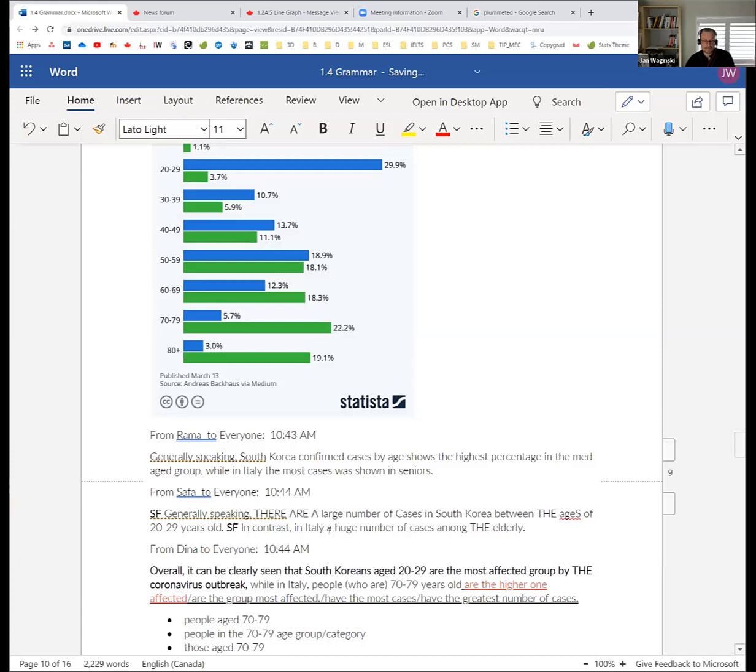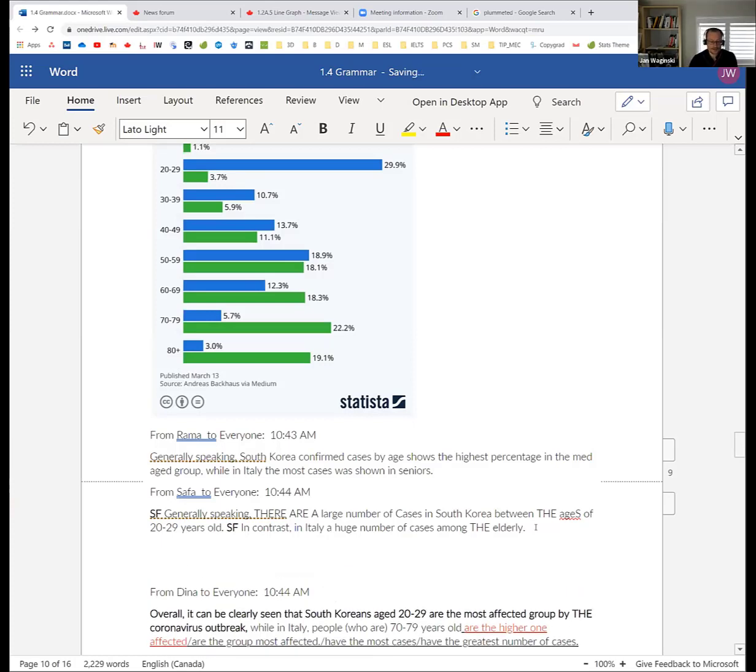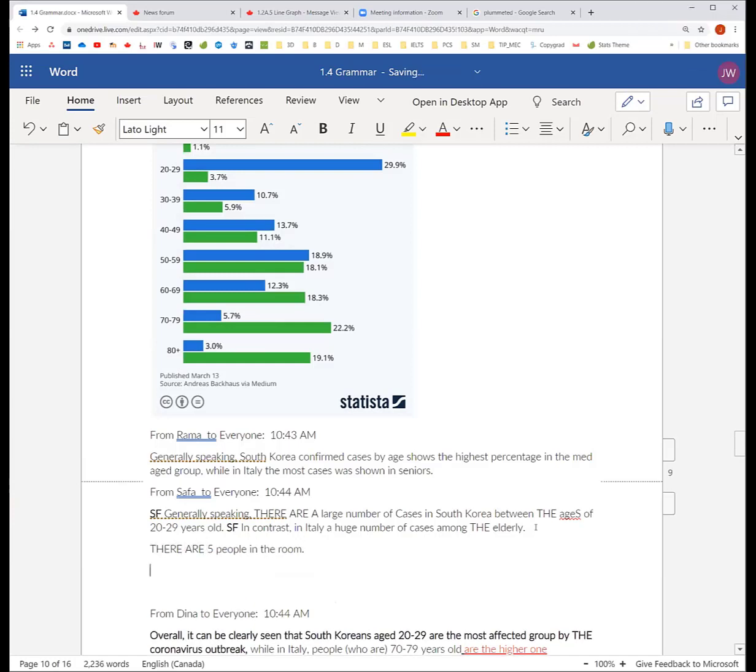What about the second one? You can do the same thing. Where should you put there are? Safa, you have the equivalent here of saying 5 people in the room. We often do this. There are 5 people in the room. You could say 5 people are in the room.